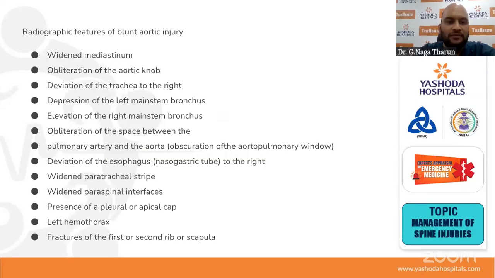Depression of the left mainstem bronchus is seen, and elevation of the right mainstem bronchus, and obliteration of the space between the pulmonary artery and the aorta, that is obscuration of the aortopulmonary window, and deviation of the esophagus to the right, and widened paratracheal stripe and widened paraspinal interfaces, and presence of a pleural or apical cap can be seen, and hemothorax, and fractures of the first or second rib or scapula would be seen.